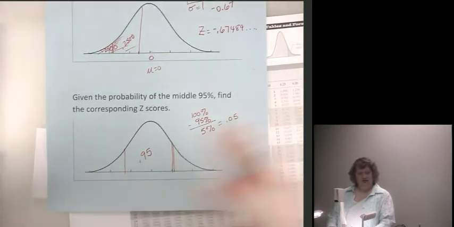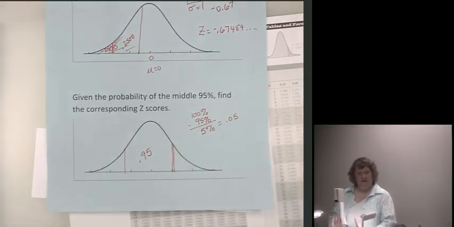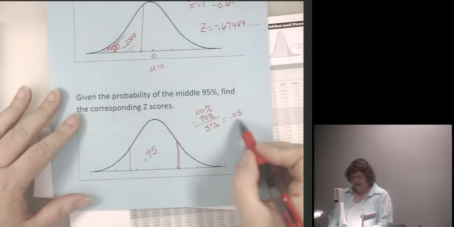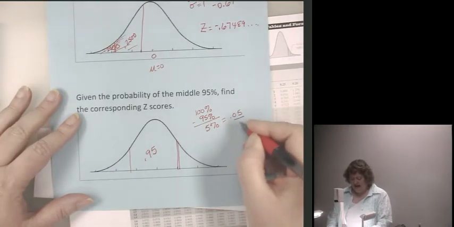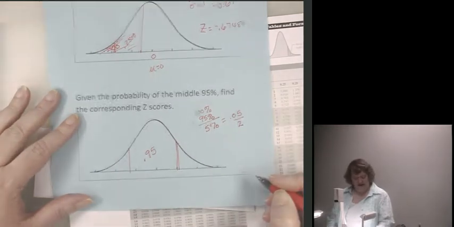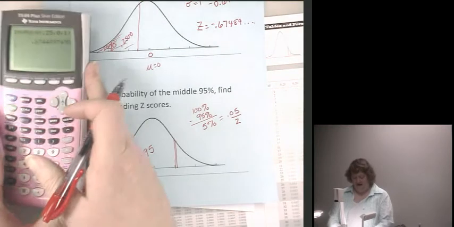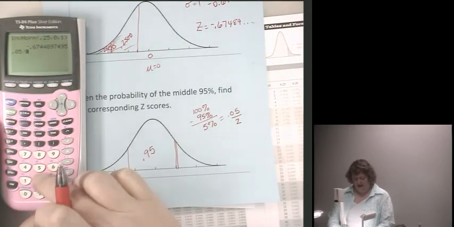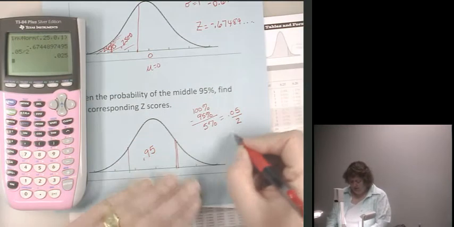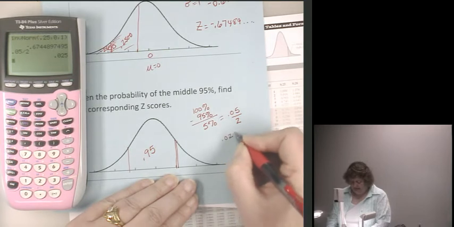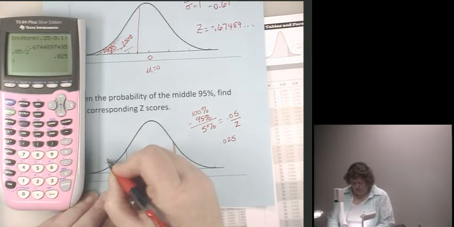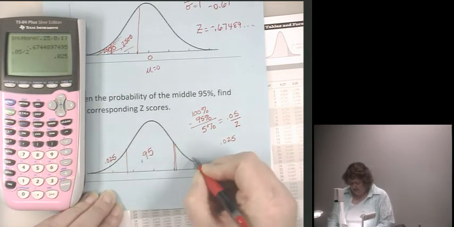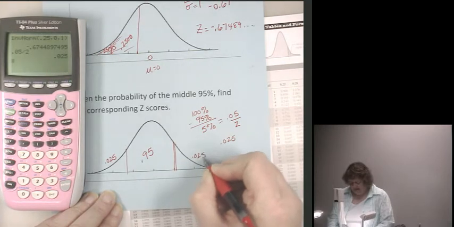Well, we want it strictly in the middle. We want it to be symmetrical. Since it's symmetrical, we want it divided evenly between the two tails. So that would be 0.05 divided by 2, which is 0.025 on either side. 0.025 on this side and 0.025 on that side.